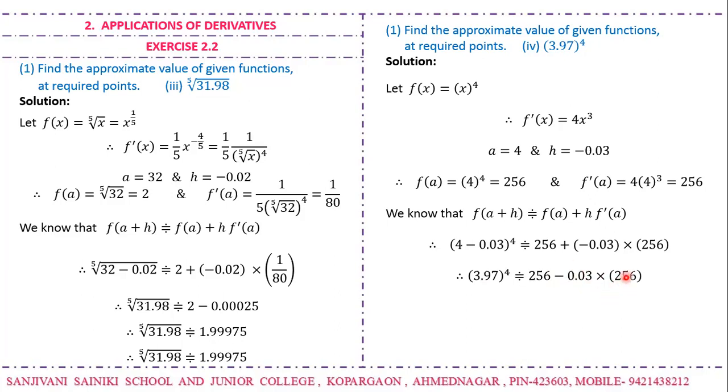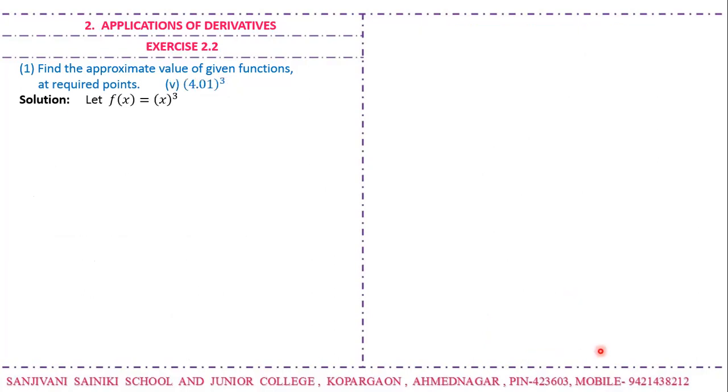The multiplication of these two numbers is 7.68. So we have to subtract this from 256. That is our answer: the fourth power of 3.97 is 248.32.